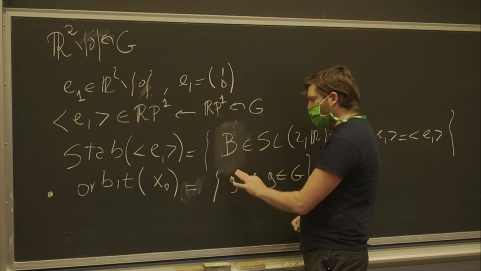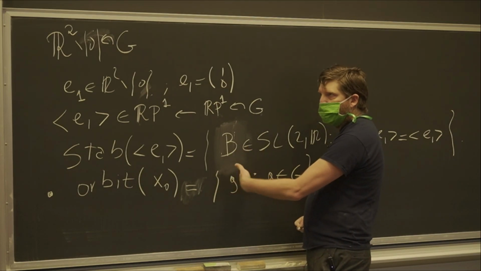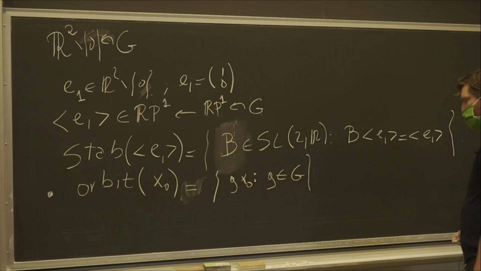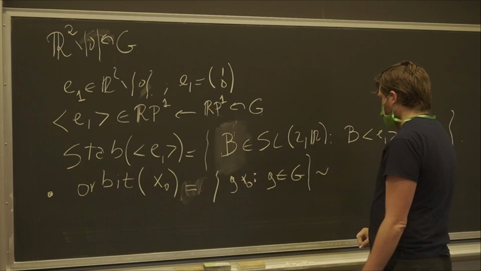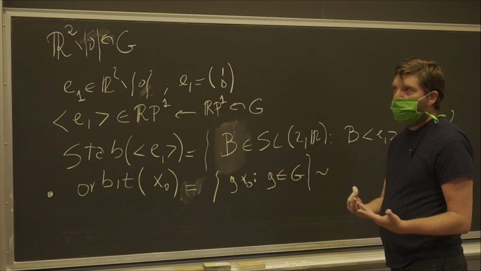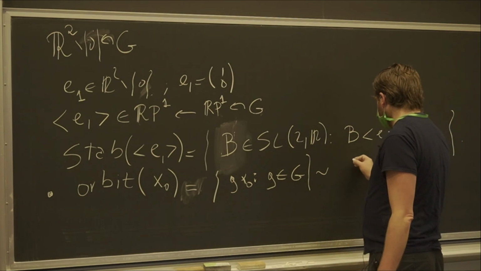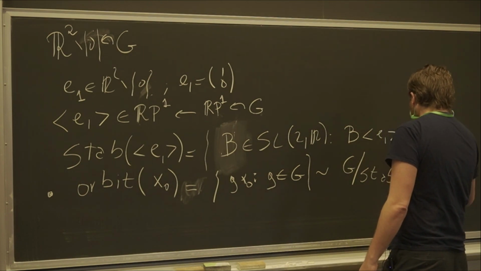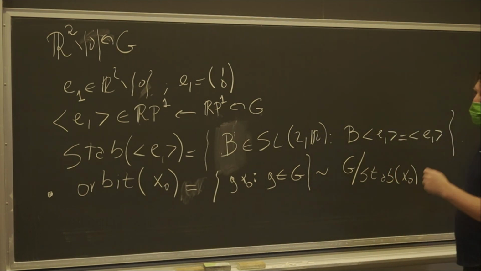Sometimes there is some confusion, then I put some other decorations to make sure what we are talking about. And this is equivalent in a natural way, diffeomorphic or homeomorphic, depending on where we are working, with G mod the stabilizer of x naught.